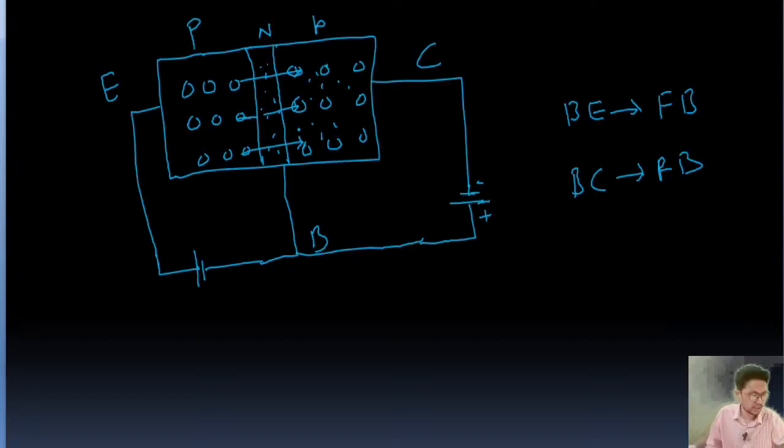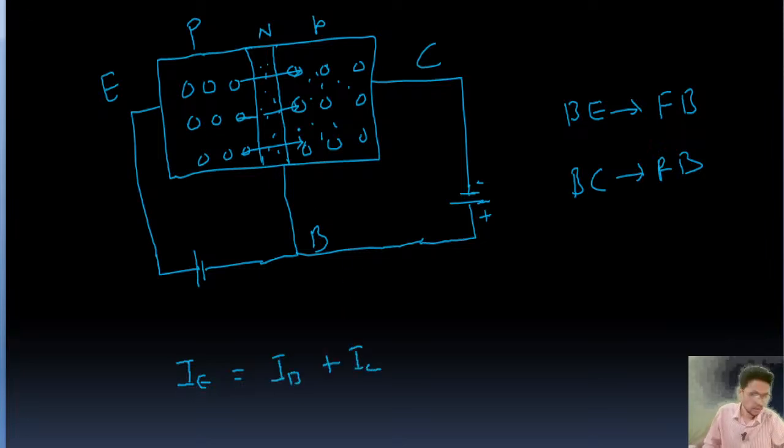Next, in this case, this is IC, IE. That emitter current is going to be equal to IB plus IC.